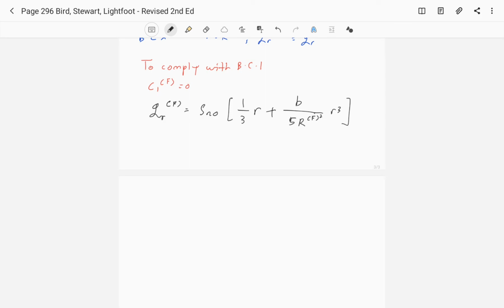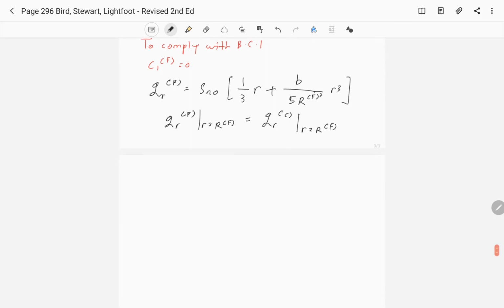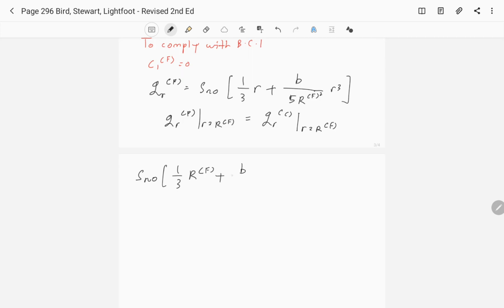Then we can put in BC2. So BC2 in here will be q_rf at r equal r_f equal to q_rc at r equal r_f, and we can put in both expressions: S_n naught (1/3 r_f plus b divided by 5 r_f squared r_f raised to 3) is equal to C1c divided by r_f squared.